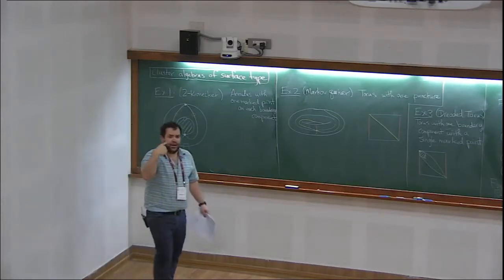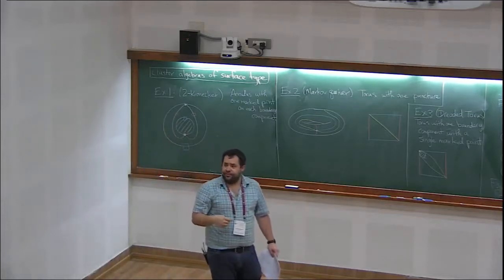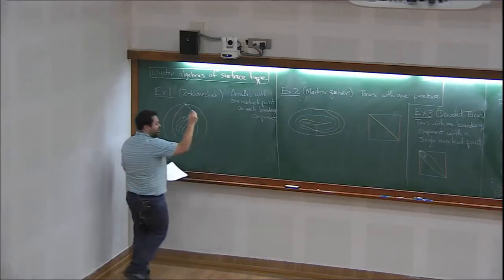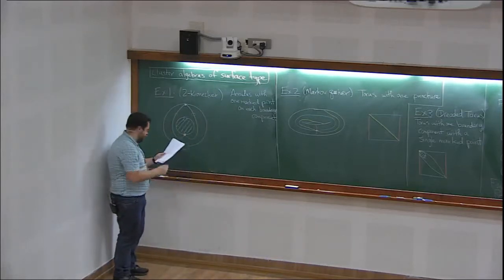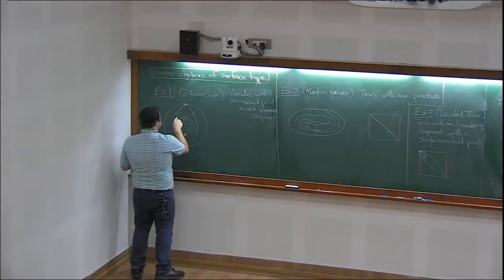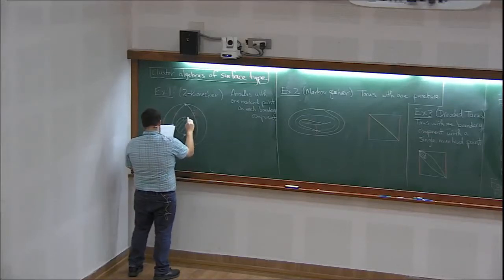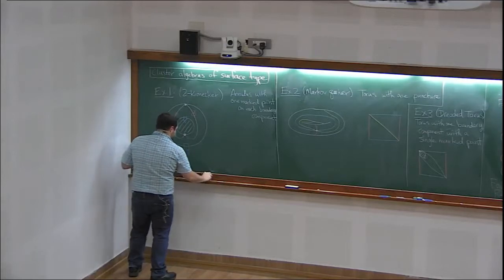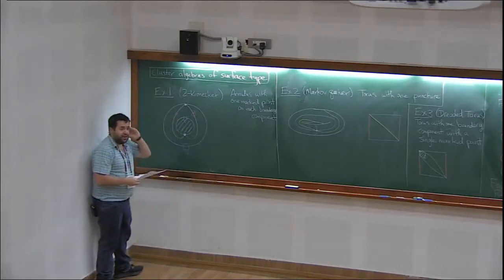Now I go through and write down my clockwise cycles. I'll use red color so that you can see. I'll call this 1, this 2, this vertex 3, and this vertex 4. I'll use red to draw my arrows.